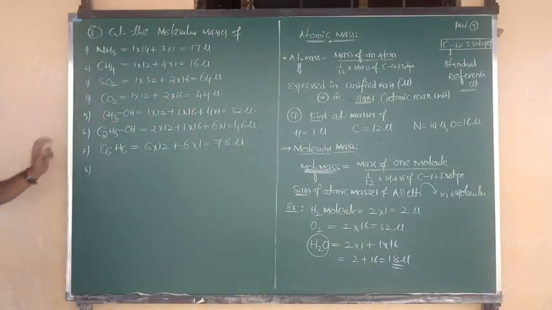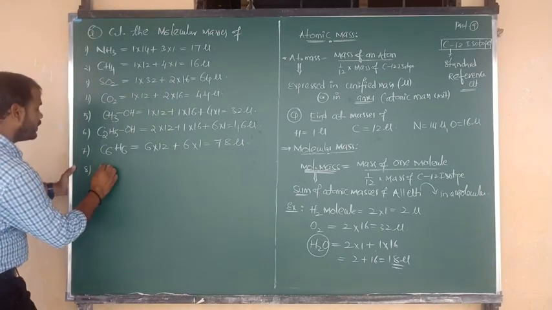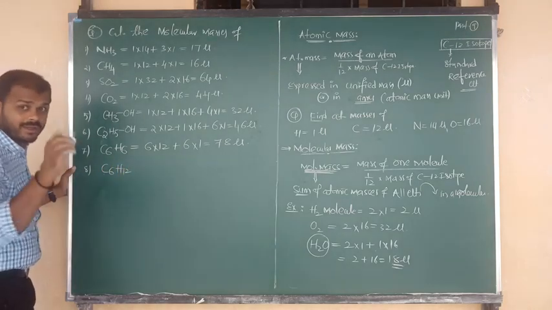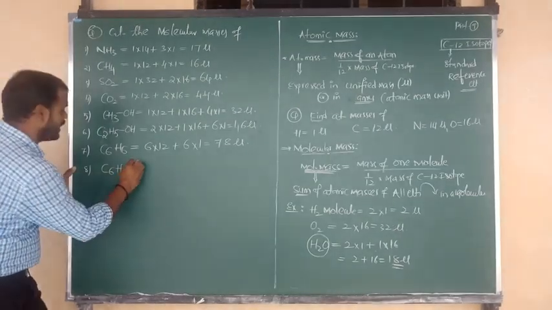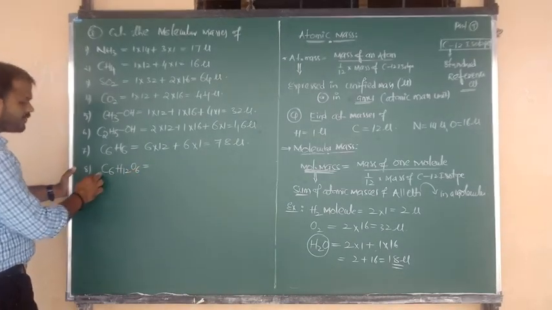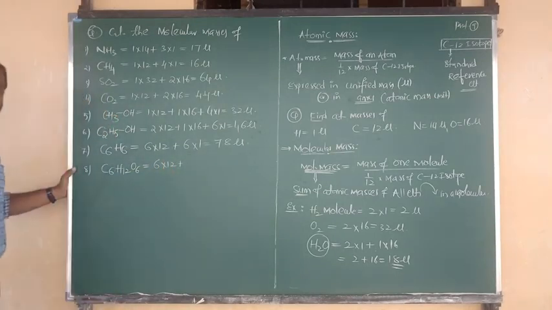Next one I am going to write is glucose. What is the formula of glucose? C6H12O6, glucose. Okay? Number of carbons is 6. Each carbon atomic mass is 12.